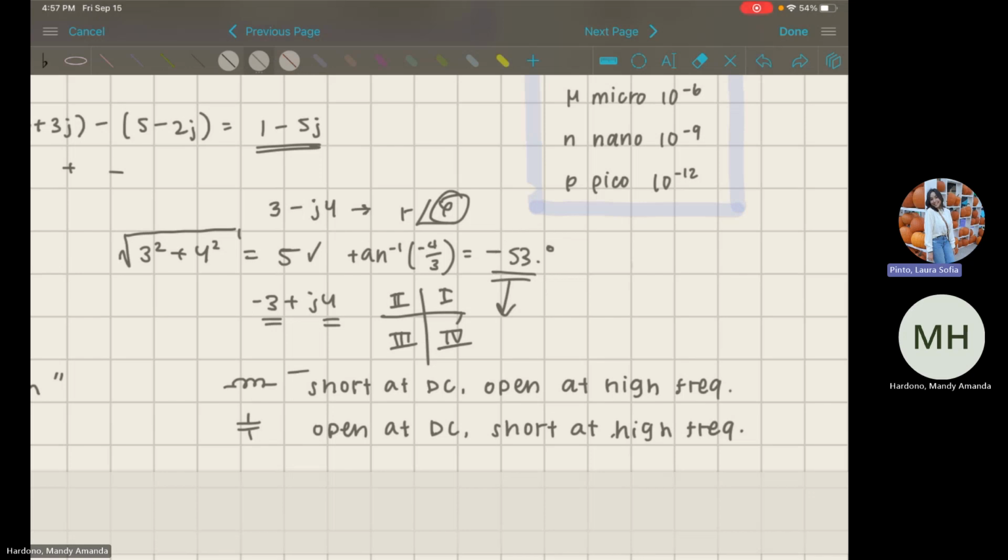So what you're going to do to get it into the right quadrant, which is quadrant 2, is this: quadrant 2 is between 90 degrees and 180 degrees, because you're going counterclockwise in the positive direction. You have 53 degrees as a reference angle, which is the angle coming from the x-axis.